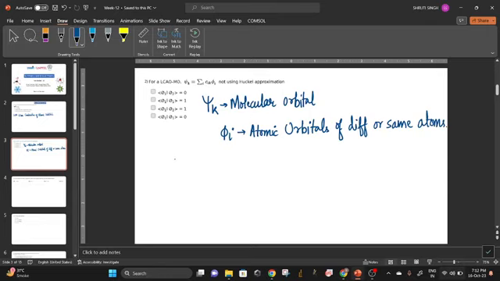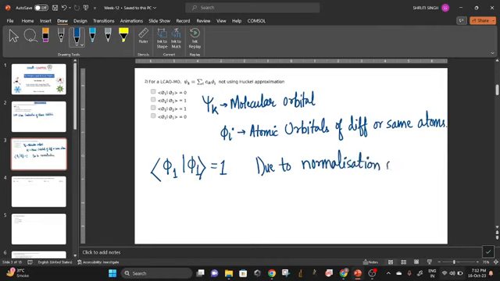So if we are not using Huckel approximation, then we know that because of the orthonormality of the atomic orbitals of an atom, this integral is equal to 1 because of the normalization condition, and due to orthogonality this is equal to 0.